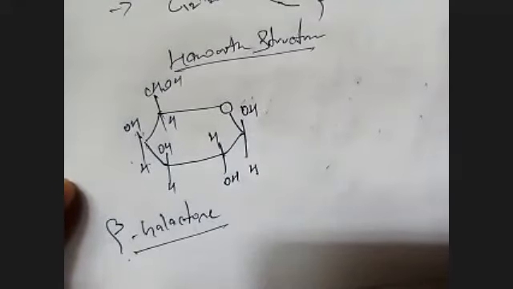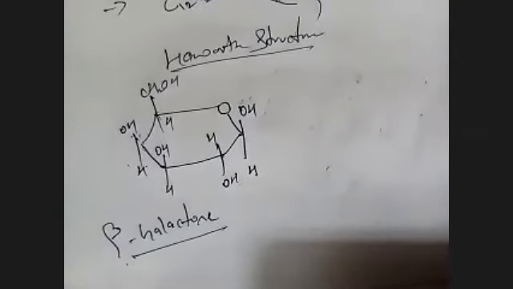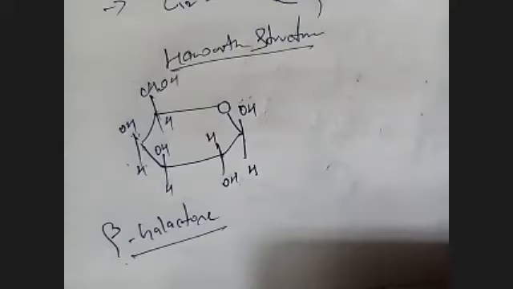I'll repeat again: glucose versus galactose, that is C4, where the position of H and OH has changed. Alpha versus beta, the change is between H and OH in the first carbon. Okay.